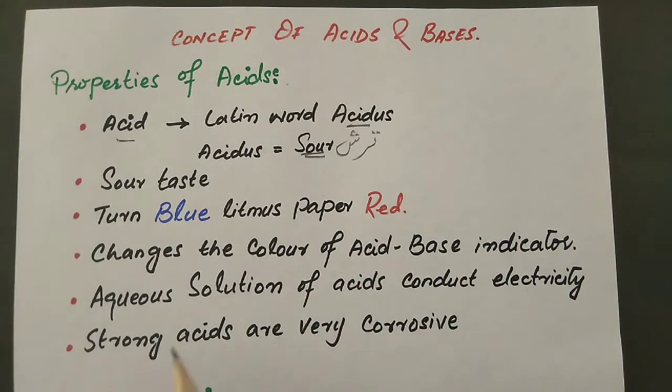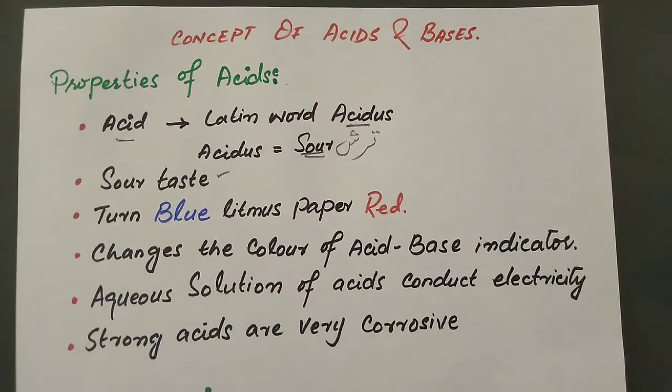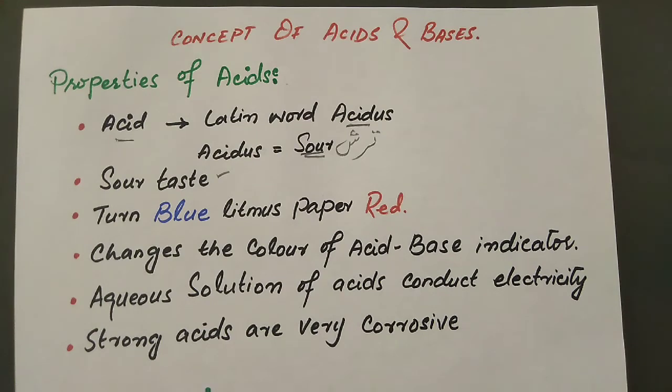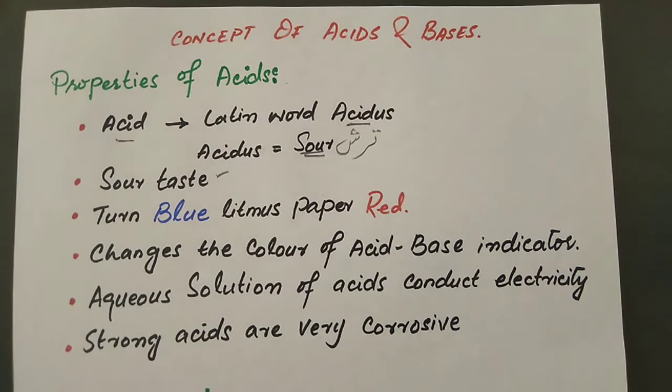The acids are sour in taste, like if you have experienced lemon, vinegar or unripened apples and oranges, they are very sour in nature. That is because they contain some acids in them, and that is why they are sour in taste.